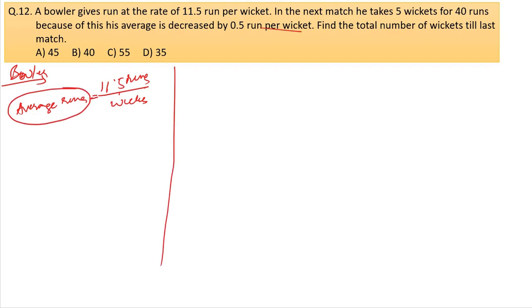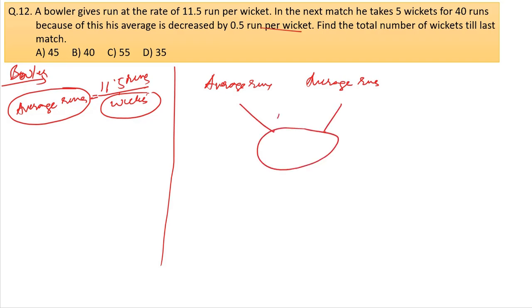Average runs is calculated upon wickets, so we'll have average runs, and then here average runs, and then average runs again, and here we'll have the wicket ratio.